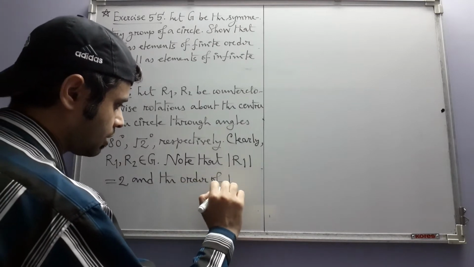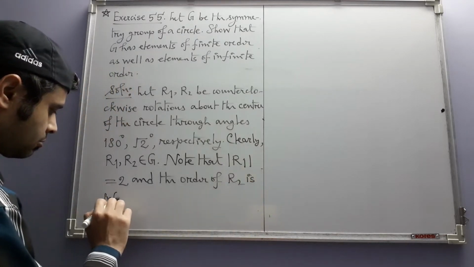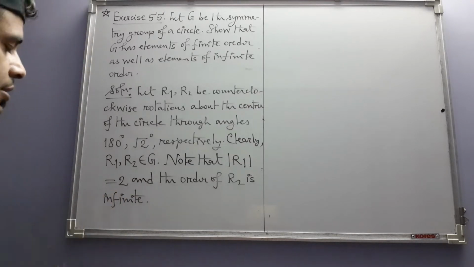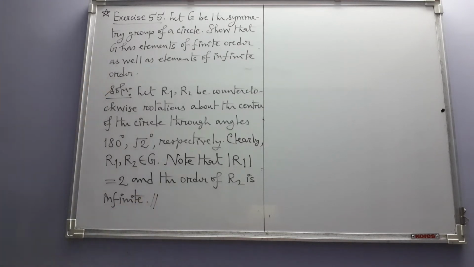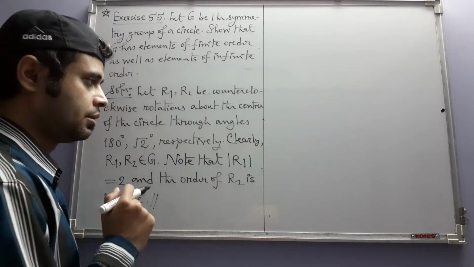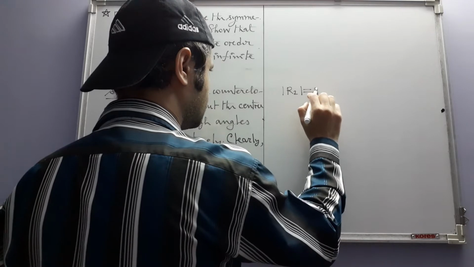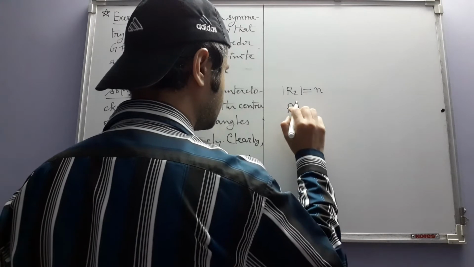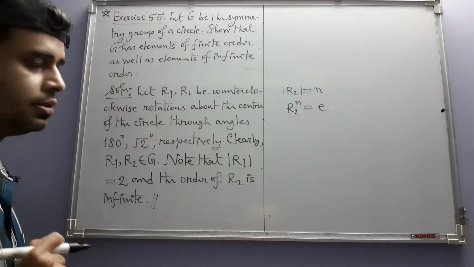And the order of R2 is infinite. Why is the order of R2 infinite? Actually, I want to end the solution here itself, but let me just tell you how one can show that R2 is of infinite order. Suppose R2 has finite order and let the order be some positive integer n. Then the nth power of R2 should be equal to the identity.